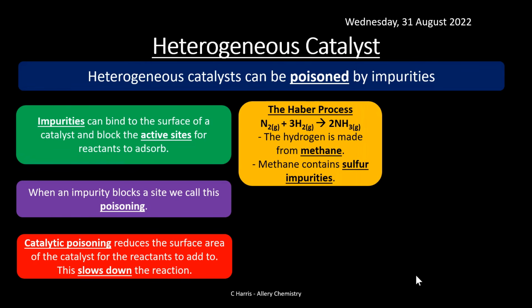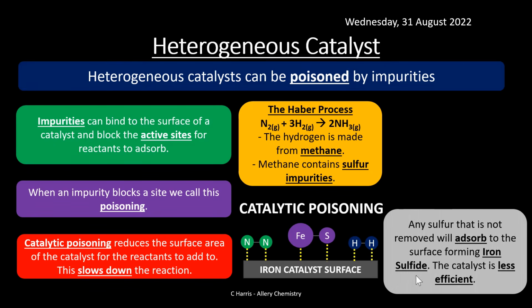So, looking at the Haber process, though, because again, this is a specific example you need to know, nitrogen and hydrogen produces obviously ammonia. Hydrogen is made from methane, okay? So that's how you make the hydrogen in the first place. Now, the problem is methane contains sulfur impurities. So what you can get with catalytic poisoning is that any sulfur that is not removed will effectively adsorb to the surface, and this will form iron sulfide.